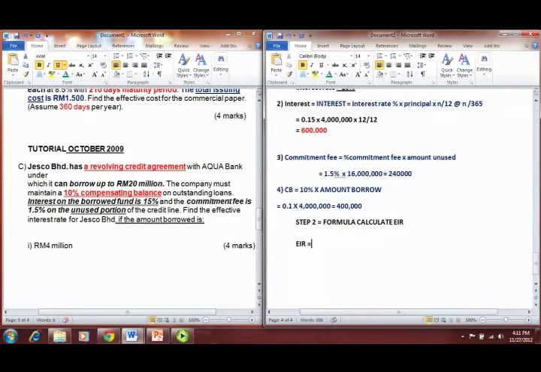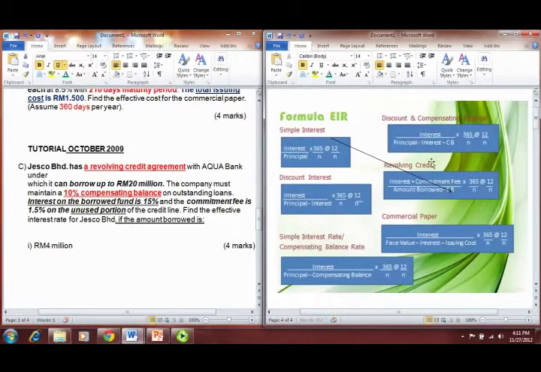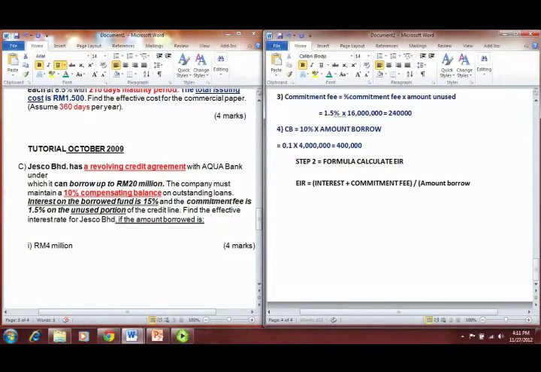Alright, calculate EIR. So what is the formula for EIR for a revolving credit agreement? Interest plus your commitment fee, divided by amount borrowed minus your CB.